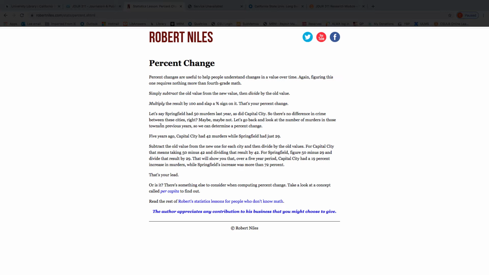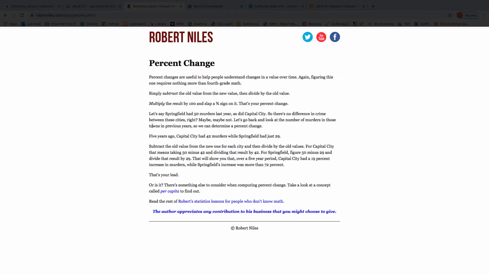A very simple way to remember this: you take the new value, so let's say tuition goes from $1,000 to $2,000, you take the new value, which is $2,000, subtract the old value, and then divide by the old value. In this case, that's a $1,000 difference. You divide that by the old number, and that means it's gone up 100%.